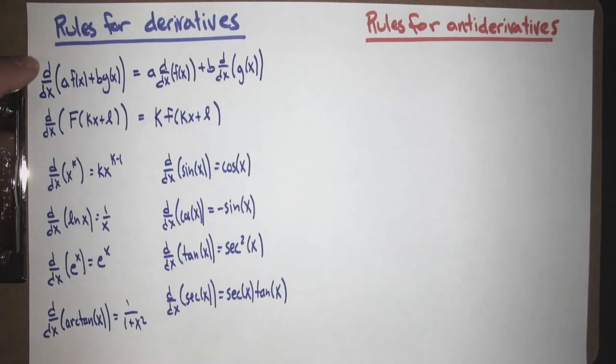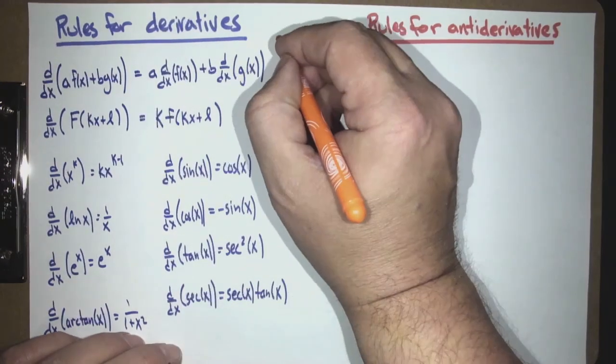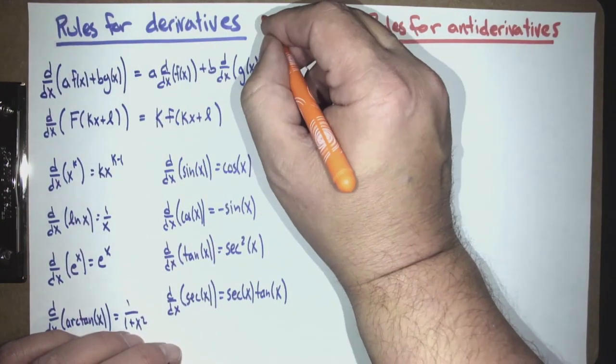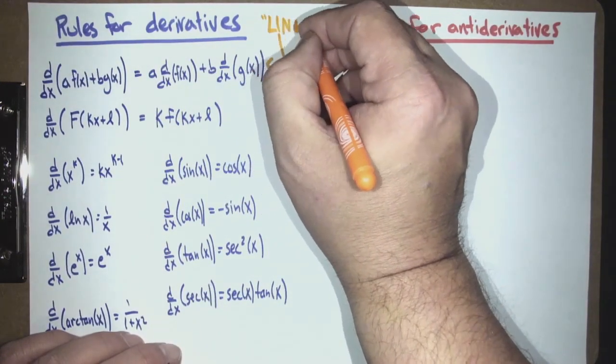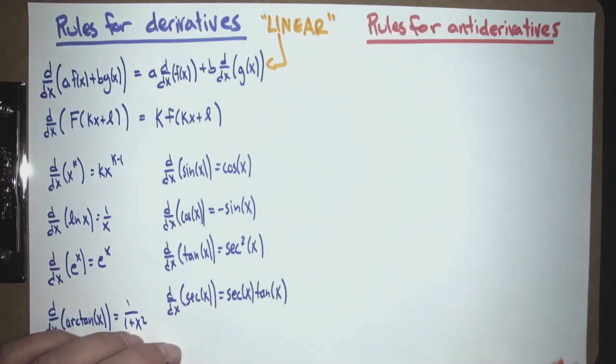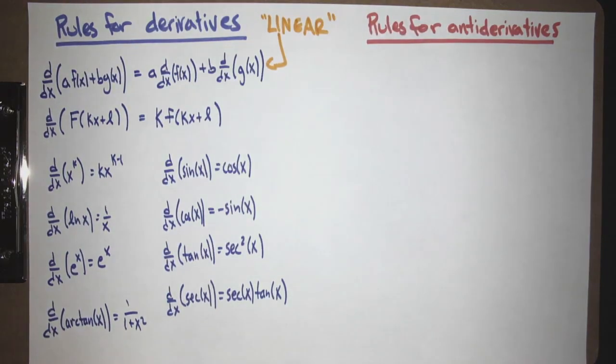Now, the first rule that's written down, this is actually a really cool fact. And this part right here is what we call the property of being linear. So it says that if I'm adding two functions, taking the derivative, I can separate the derivatives and do them independently. If I have constants, I can pull constants out.